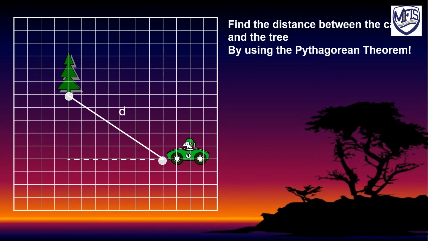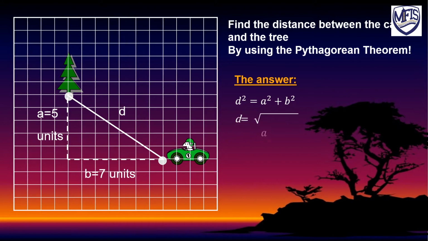Now, I will count the horizontal units and vertical units. The horizontal units equal 7 and the vertical units equal 5. Now, I have a right angle triangle and the line segment represents the hypotenuse of this right angle triangle. Now I can use Pythagoras theorem.